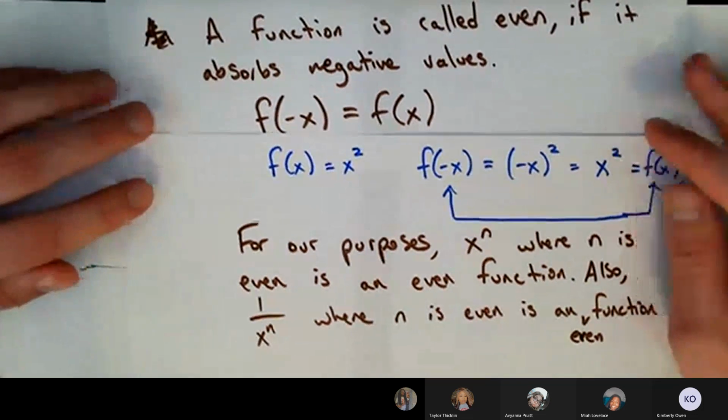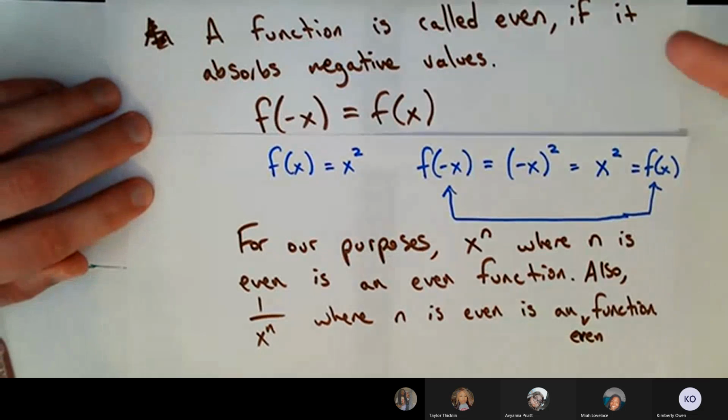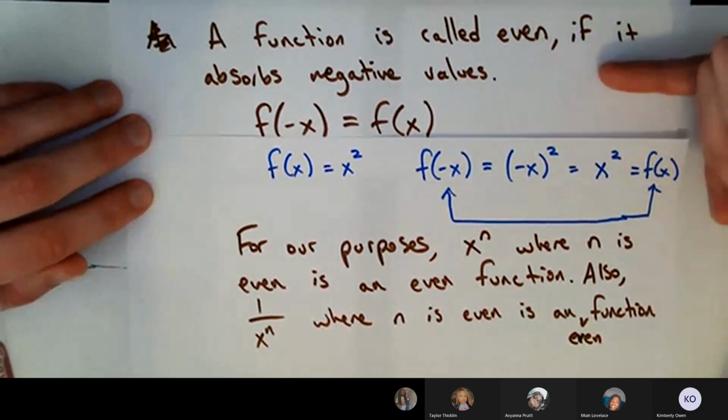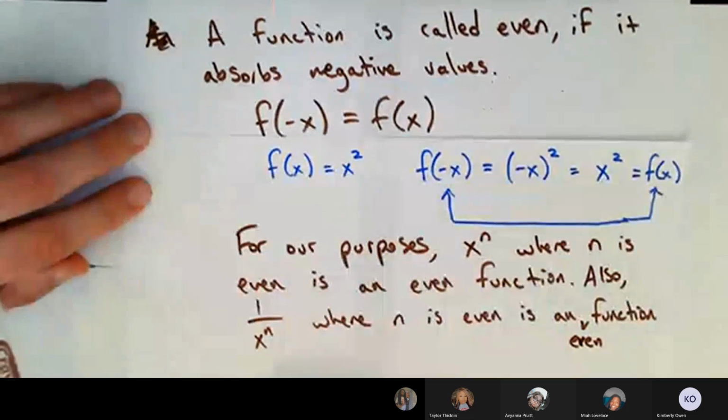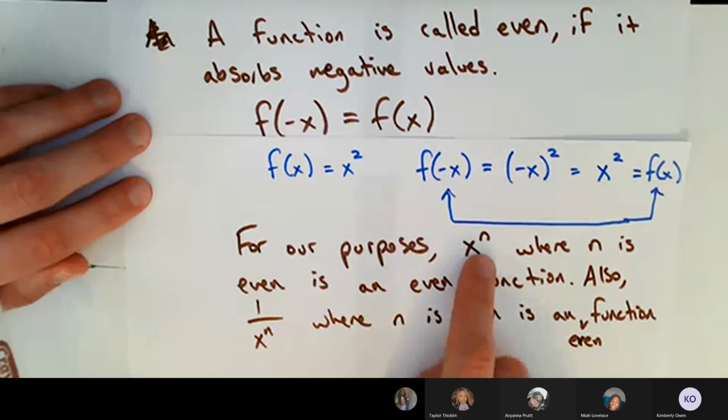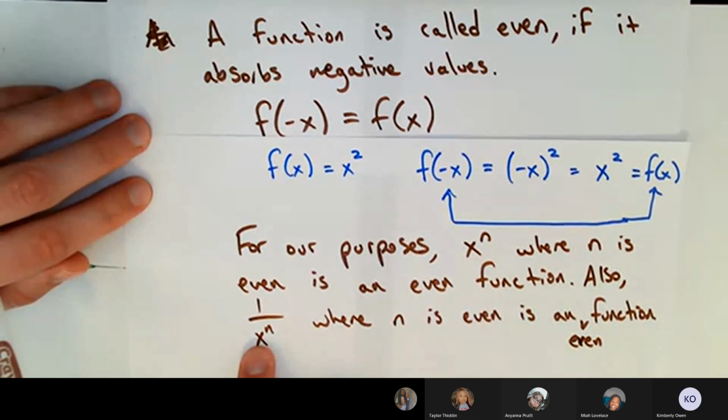There's a lot to say about this rule. Algebraically, a function is called even if it absorbs negative values. Here's a quick example of that. For our class, we're going to call even functions basically the power functions and reciprocal functions that have even exponents.